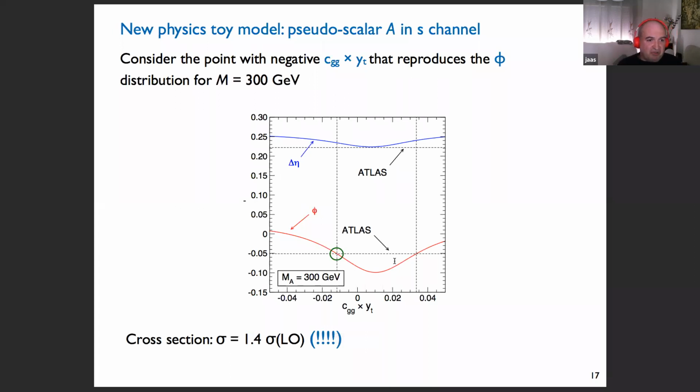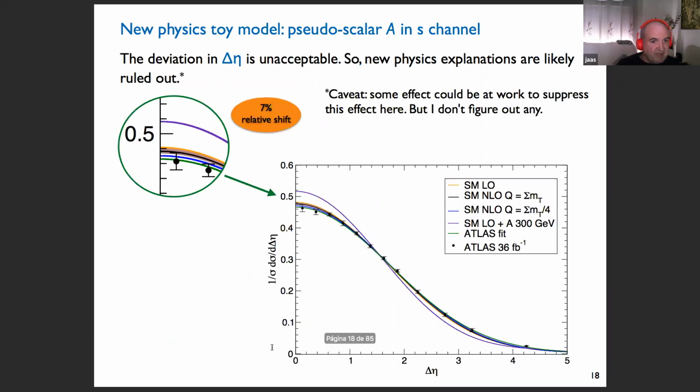Now let me choose of these two solutions, this one, the one with a negative value. Then you realize that if you introduce the pseudo-scalar to fit the phi distribution, you get 40% extra cross-section, which is excluded. So the explanation does not work.